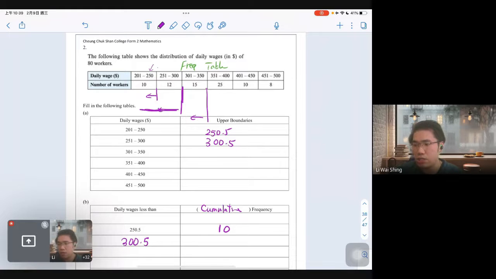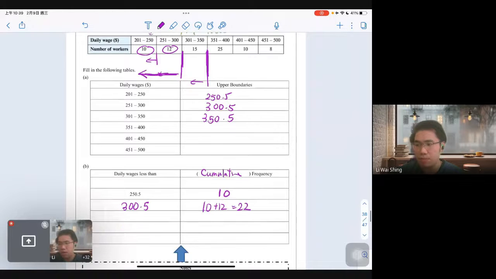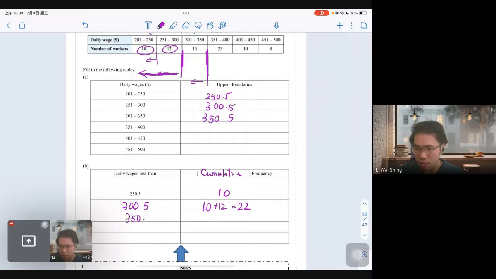There are a total of 10 plus 12 students. 22少過350.5啦。第三個 group，350.5，There are a total of 10 plus 12 plus 15.